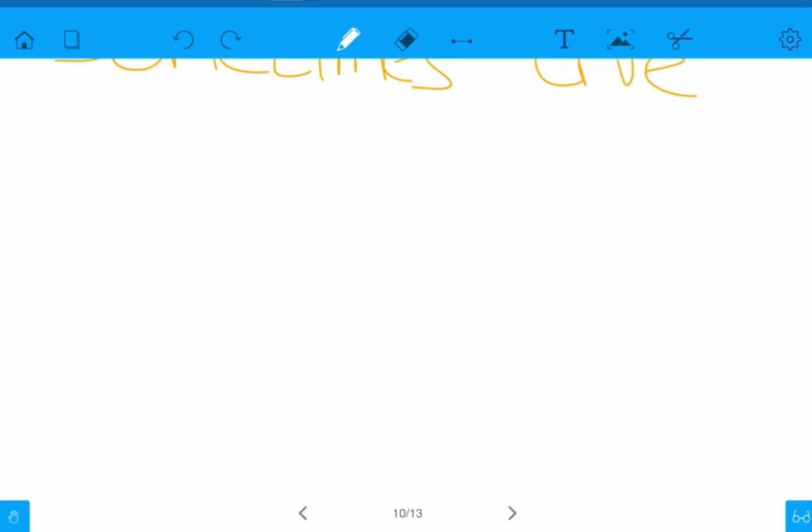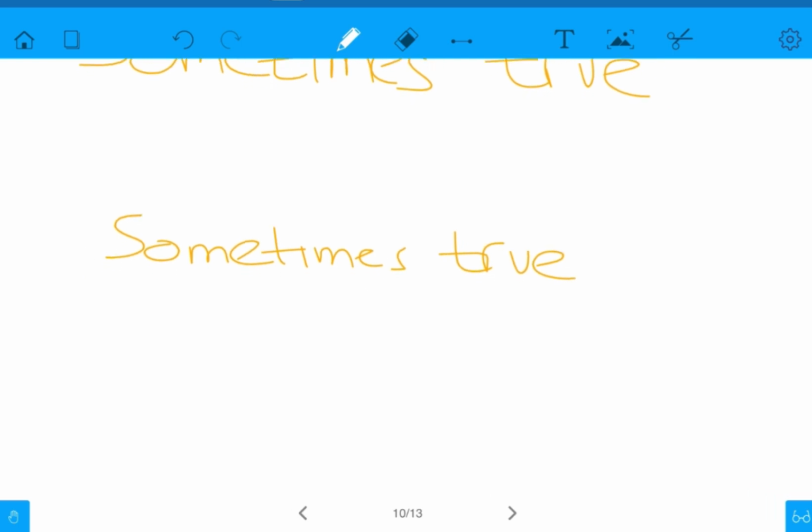It's sometimes true. If one of the angles is obtuse, which is between 90 and 180 degrees, then the other two angles have to be acute. It's not always the case.